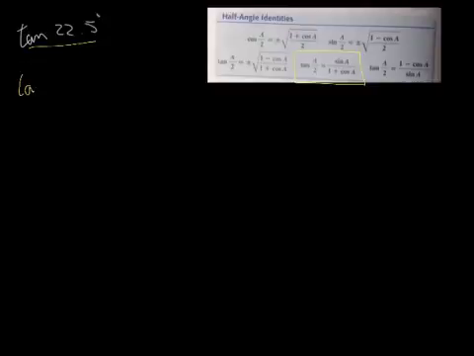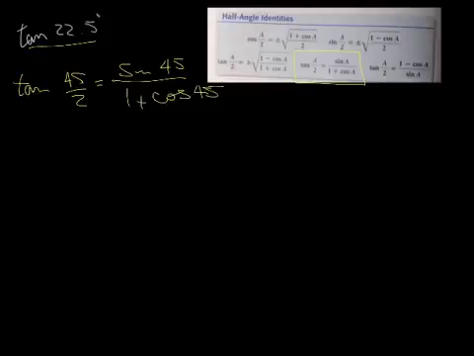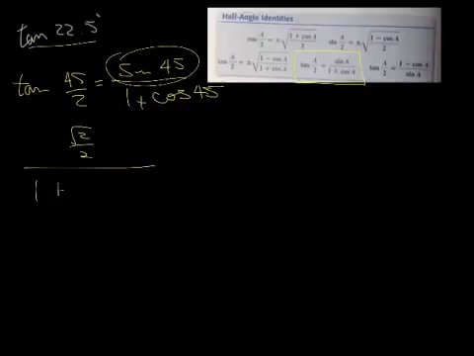So this is actually tangent of 45 over 2, because that equals 22.5, and that is the sine of 45 over 1 plus the cosine of 45. So sine of 45 right there is square root of 2 over 2 over 1 plus the cosine of 45, which is also the square root of 2 over 2.